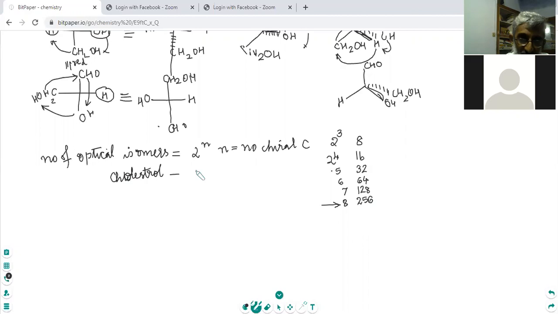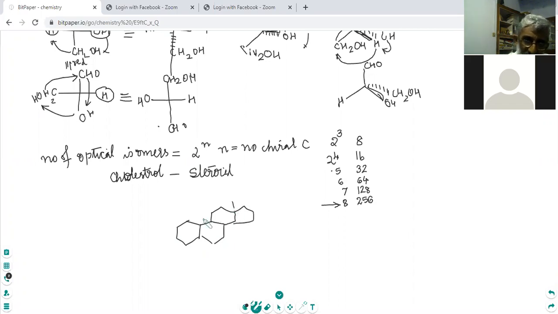Cholesterol is a steroidal molecule which you are going to study. It's a steroid. Roughly this structure. I don't exactly remember the full structure, but I'll just give you a brief outline. Here is the approximate structure of cholesterol.